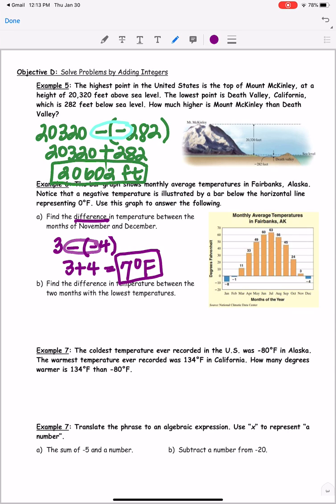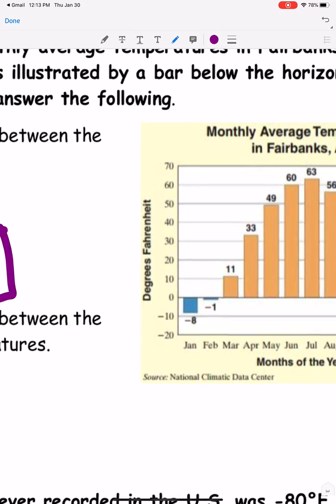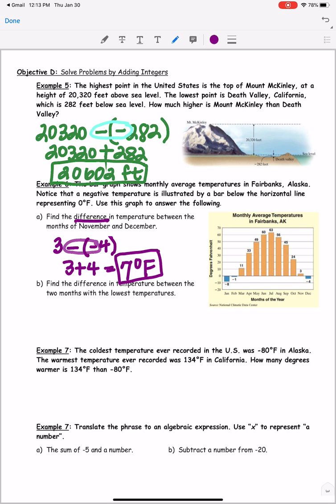Now it says find the difference of temperatures between the 2 months with the lowest temperature. So what has the lowest temperature? That is January. And what is that? That's a -8. And then my second lowest is December. And because I am finding the difference, we're going to subtract.